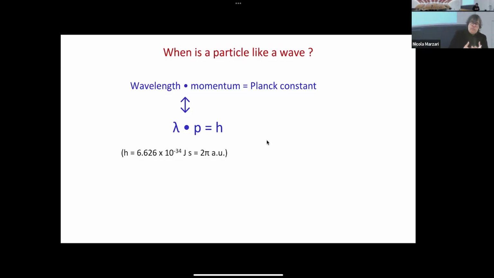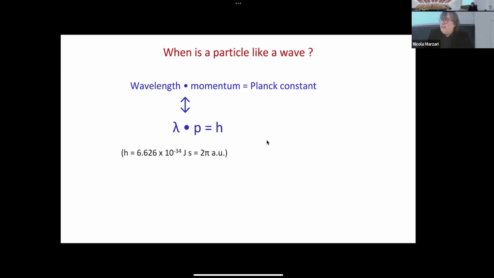Depending on the momentum, you will also have a wave-like character described by a wavelength lambda. The wavelength lambda is defined by this equation where h is the Planck constant, and it's very small: 6.6 times 10 to the minus 34 joule-seconds.